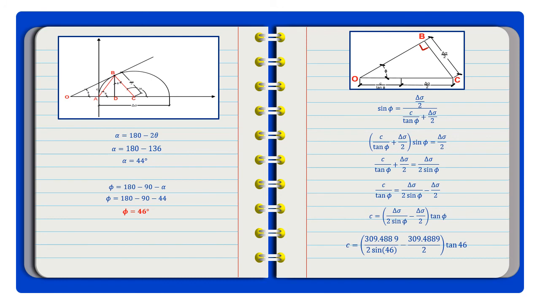Substituting the values, we have 309.4889 divided by 2 sine of 46 minus 309.4889 divided by 2 times the tangent of 46. Our cohesion using our calculator will be 62.5208 kilopascal. So, that is the cohesion we get by using triangle OBC.